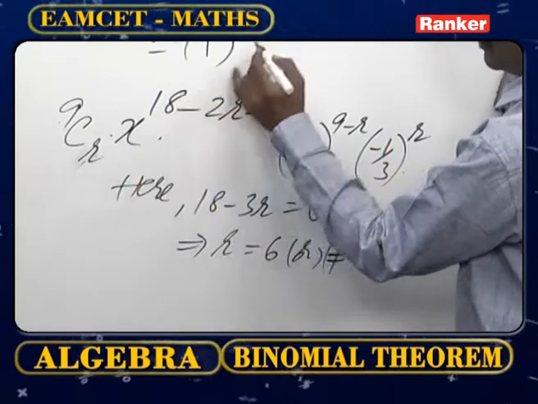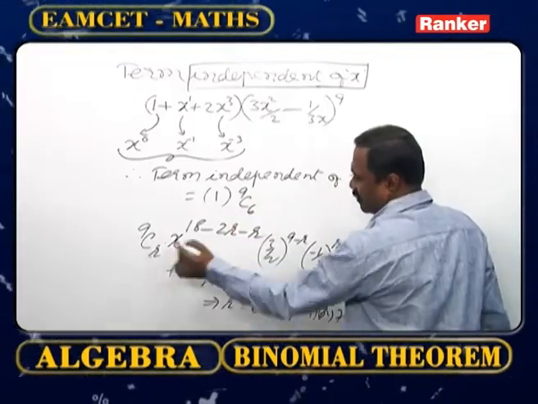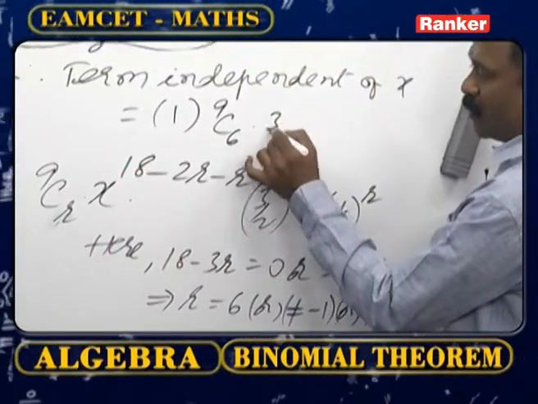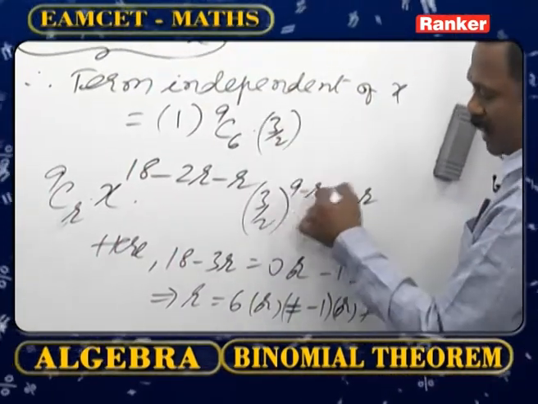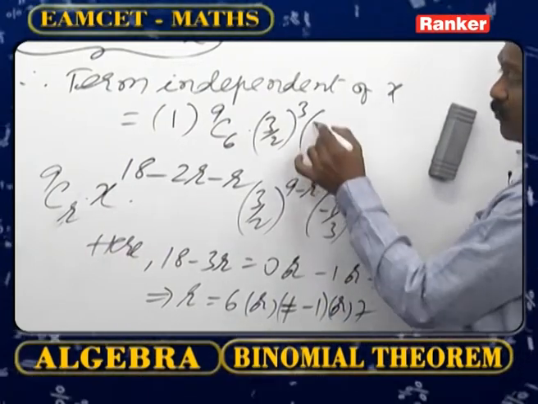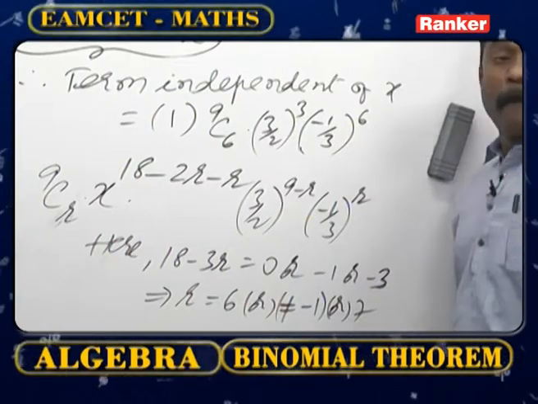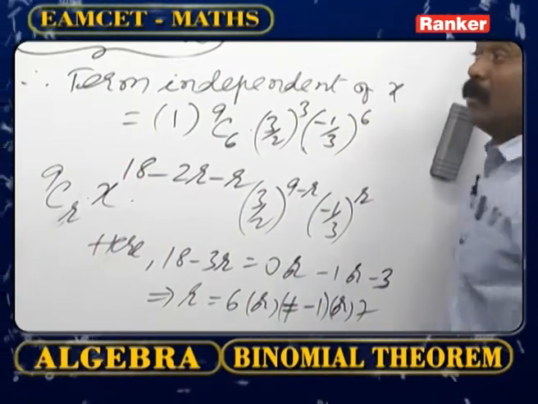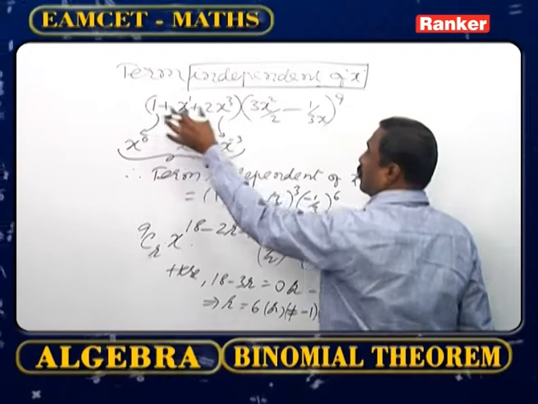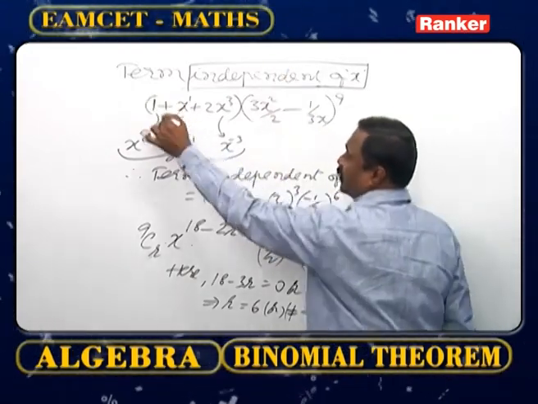Put r is equal to 6 here: 9C6 times (3/2)^(9−6) times (−1/3)^6. Do you understand what I am doing now? I am collecting the constant term, or term independent of x, through the multiplication with 1.